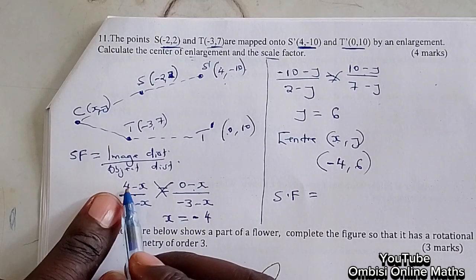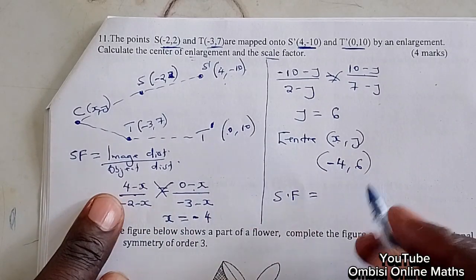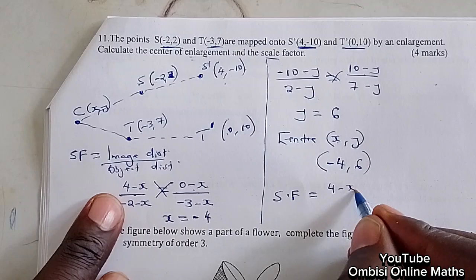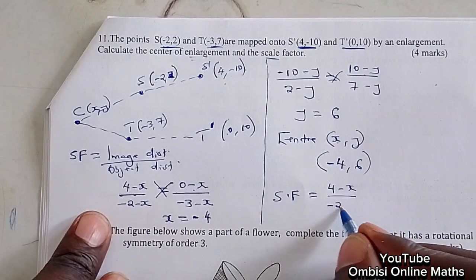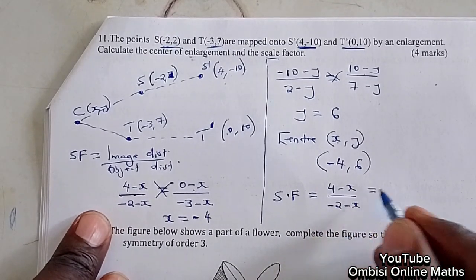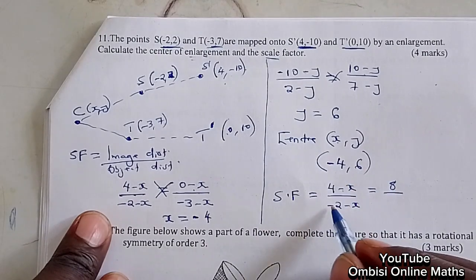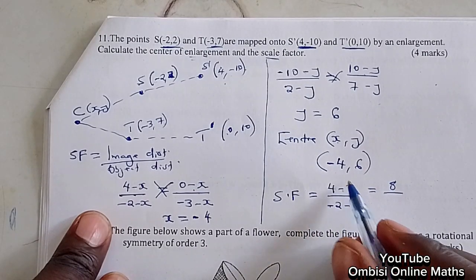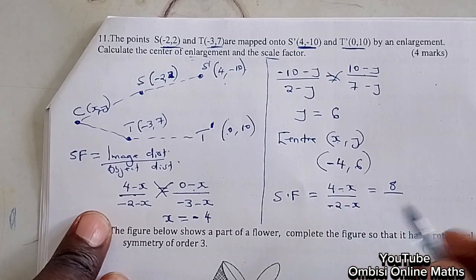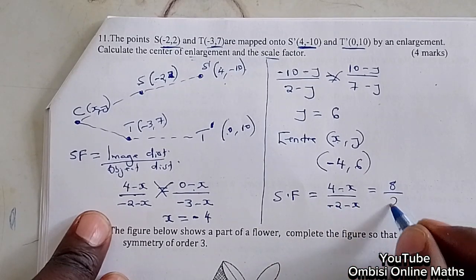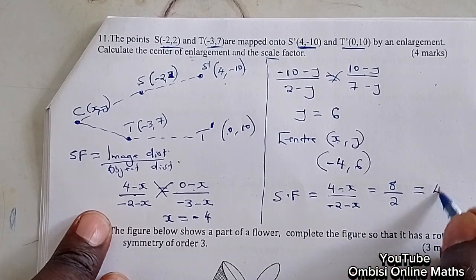So if you substitute here, it is going to be 4 minus x over -2 minus x, which gives us 4 minus 4, 8, over -2 minus 4, that is -2 plus 4, which gives us 2, and the scale factor is 4.